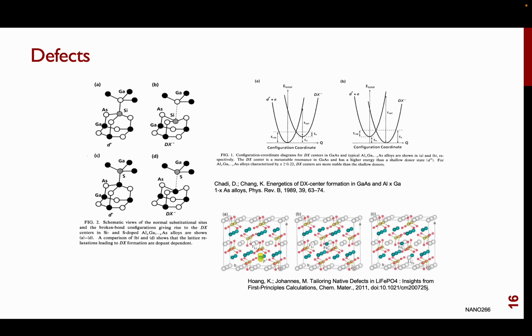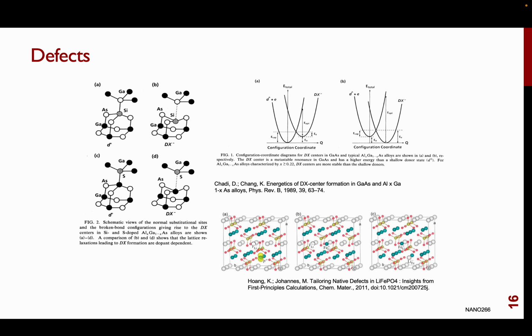So this is one of the most common calculations that people do in the literature. Okay. So for instance, people have studied what I call the DX centers in silicon and sulfur doped aluminum gallium arsenide.